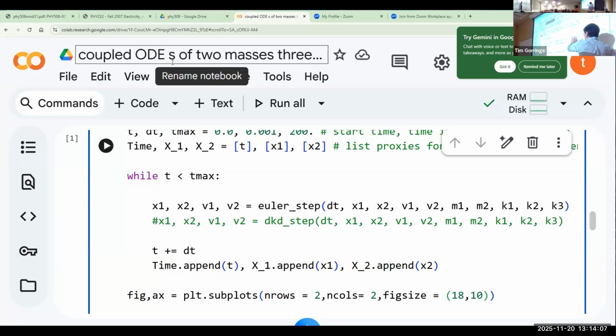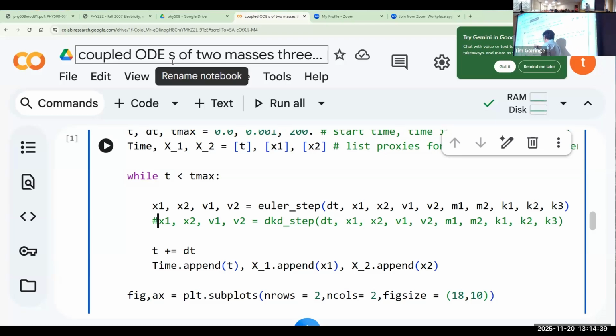That's x1, x2, v1, v2. I need to know the parameters of the system. So here I'm passing through to the user function the masses and the spring constants, the two masses and the spring constants, just to make it explicit what the Euler step will depend on. And then, having passed all those arguments, it's going to return the positions and velocities of the masses at the future time.